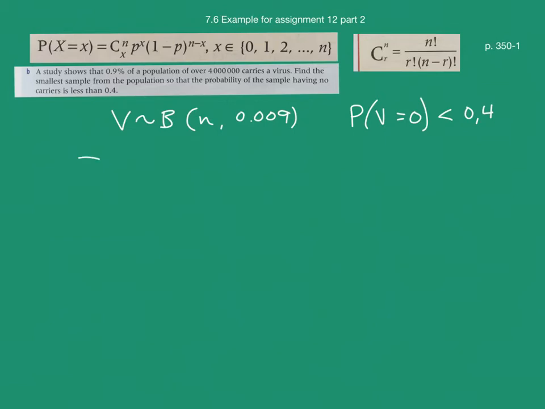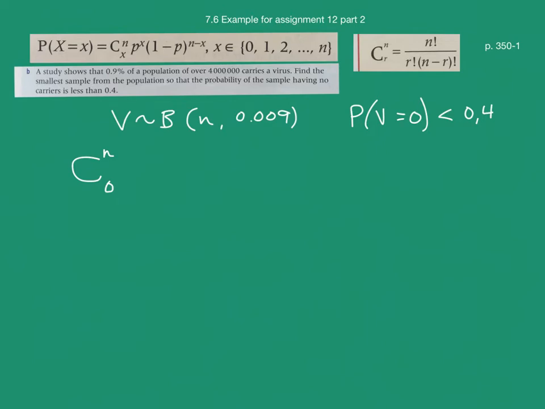So this is capital C, where n chooses x, or n chooses 0 in this case, because it's the value 0 that we're using here. But n is still n, because we don't know what n is. So this is our unknown in this case.